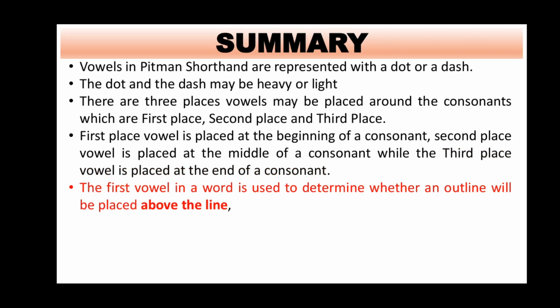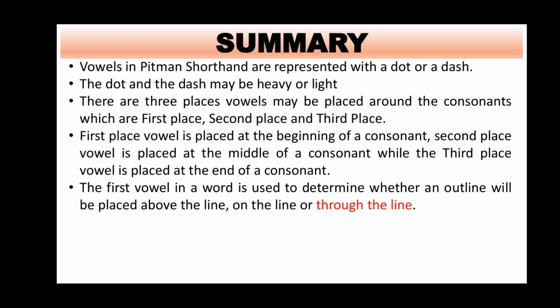And like I said, the first vowel in a word is used to determine whether an outline will be placed above the line, on the line, or through the line. What that means is if the first vowel in the outline is a first place vowel, the first consonant will not touch the line, that is, it will be above the line.